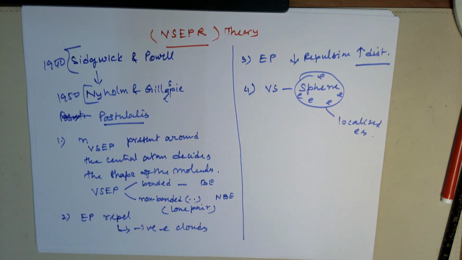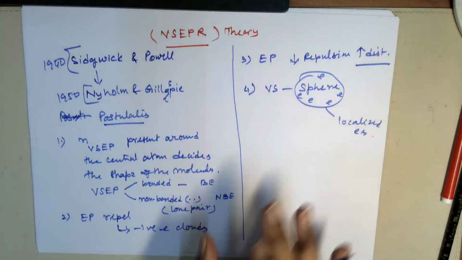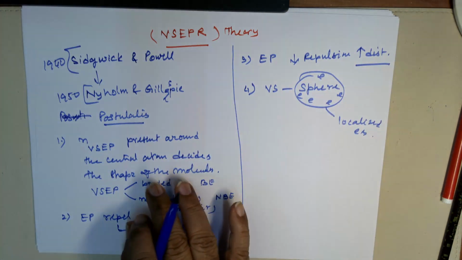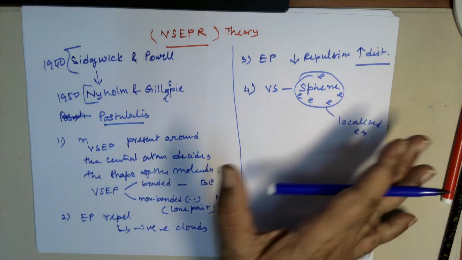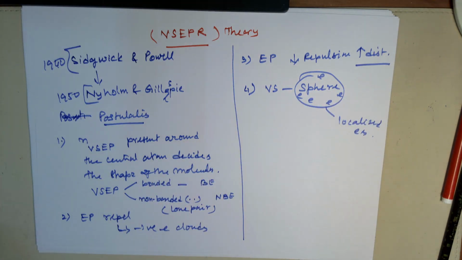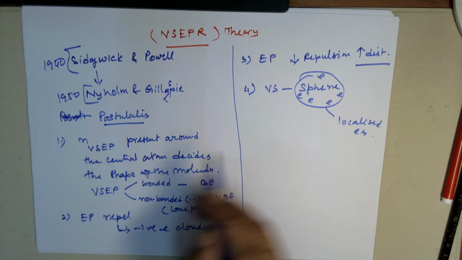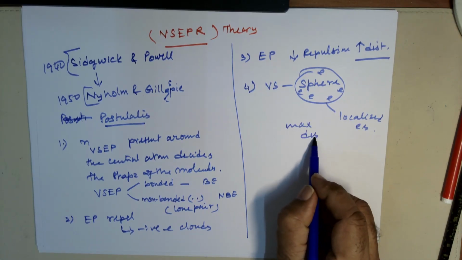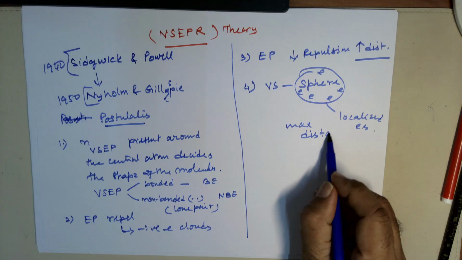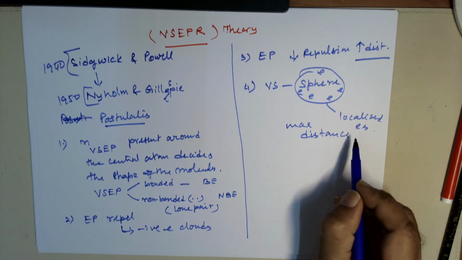The electrons are localized on the spherical surface at maximum distance from one another. They try to have maximum distance among one another.